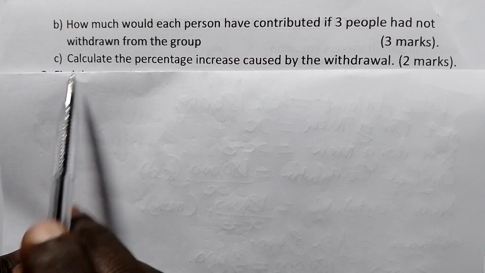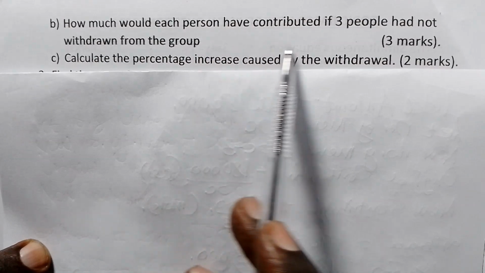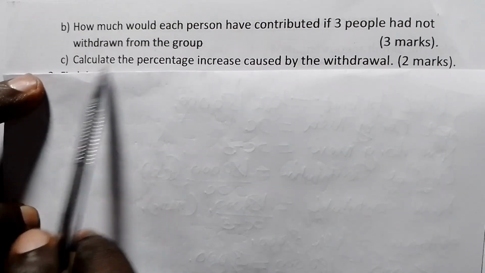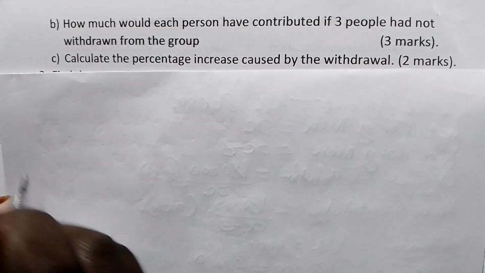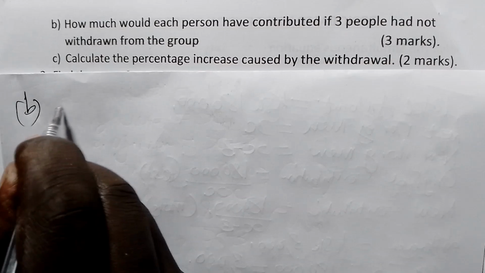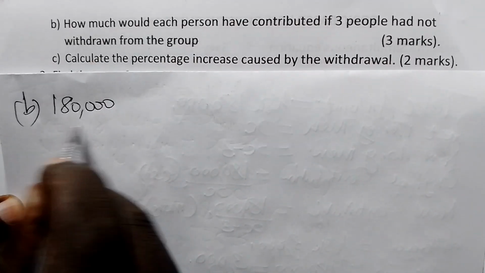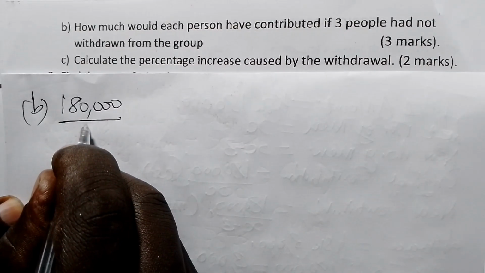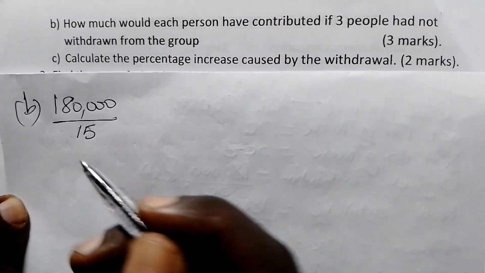Part B, how much would each person have contributed if 3 people had not withdrawn from the group? So for the total amount in part B, we just take the total amount, 180,000, divided by the original number of members in the group, which is 15.